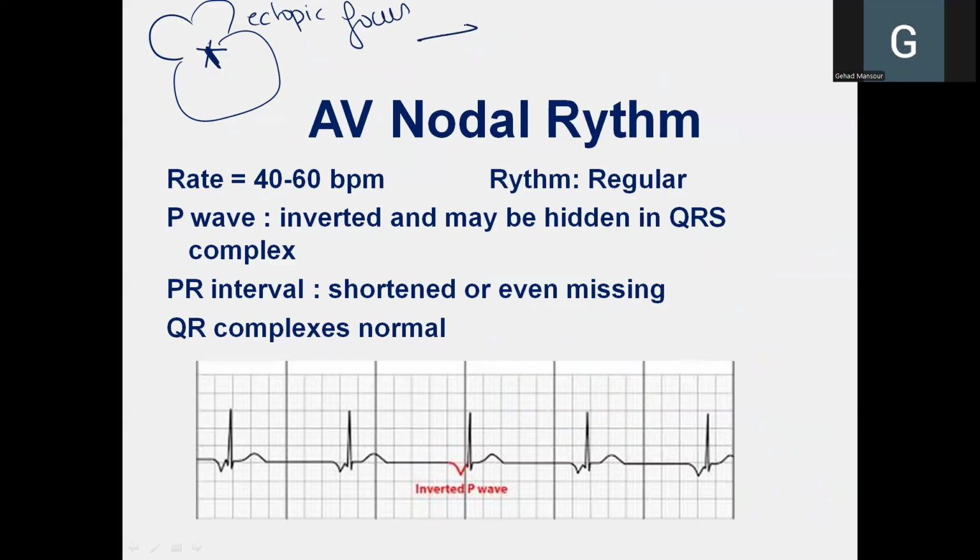The ectopic focus will generate impulses, and those impulses will descend and be conducted normally across the AV bundle and then across the bundle branches to be normally transmitted to the two ventricles at the same time.